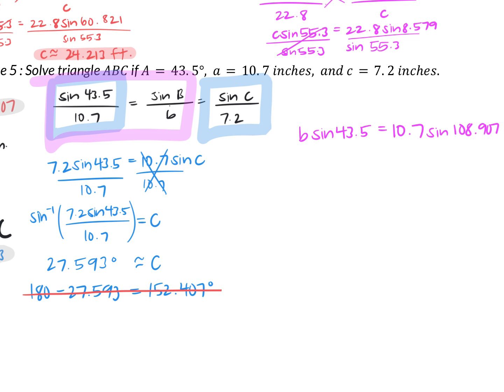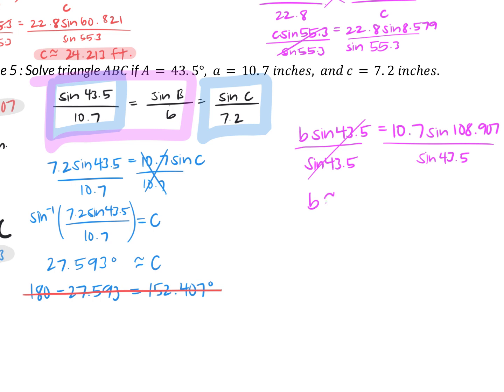What do I have to do to get B by itself? Divide by sine of 43.5. So no inverses here because we're not solving for an angle, we're solving for a side length.